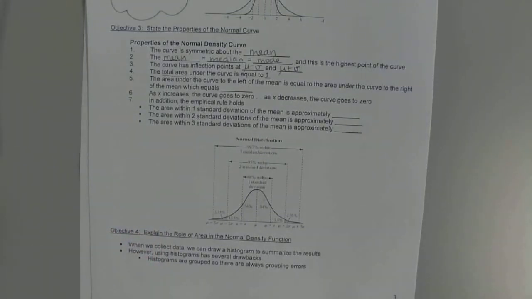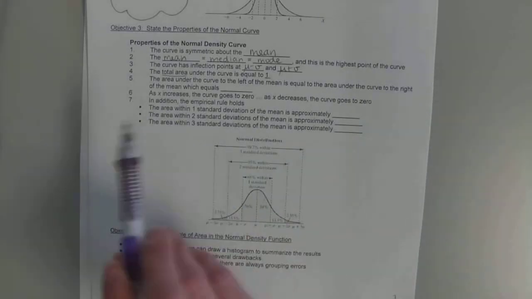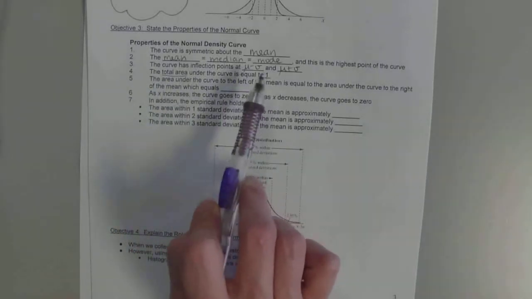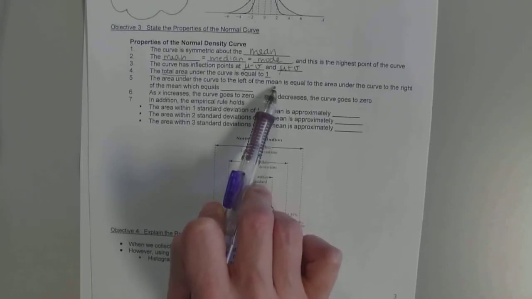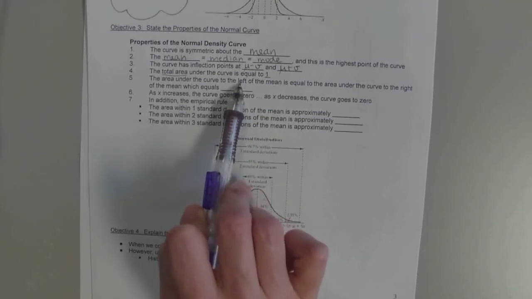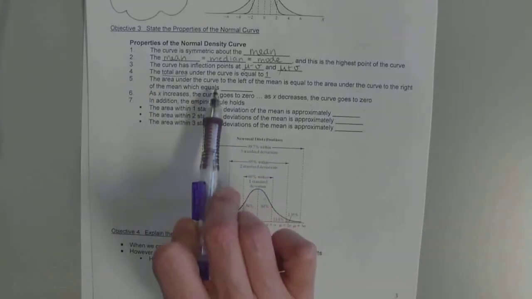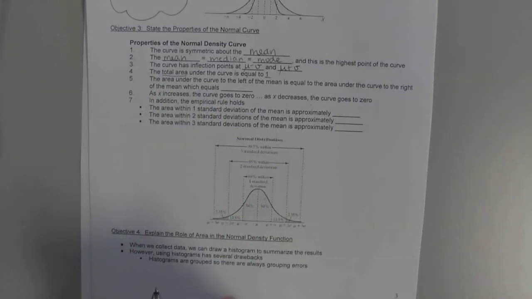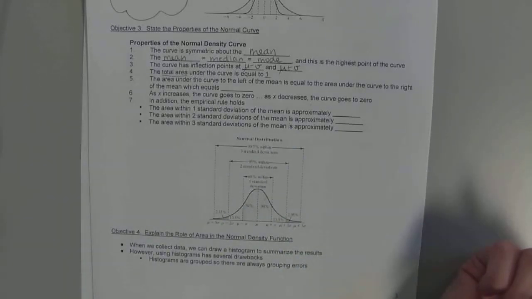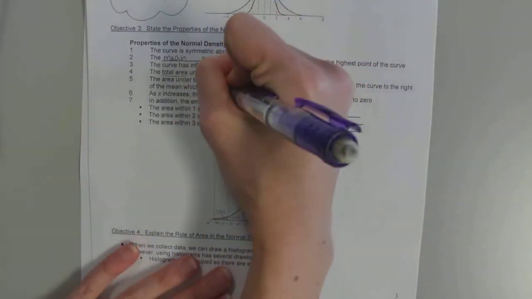Number 5 is just something to keep in mind when we get into calculating. If you remember this trick, it will help you. If you don't remember it, you're not screwed, okay? But it just says, if we know the total area under the curve is 1, but we know the mean's in the middle, we know the area of the curve to the left is the same as the area of the curve to the right, which means that they each have an area of what? Like if we split the curve in half, what's the area on each side? 50%.